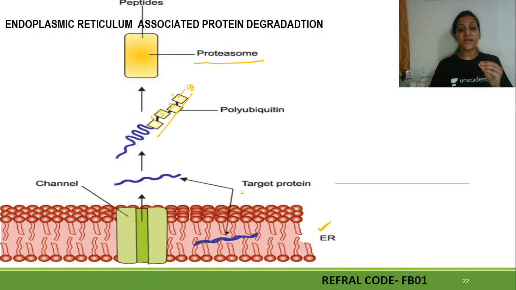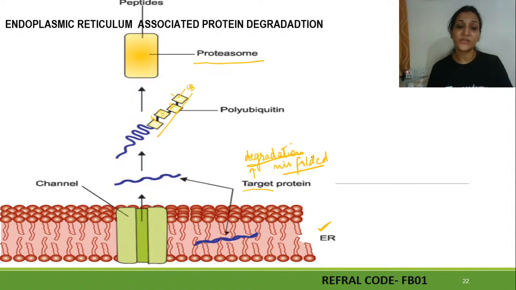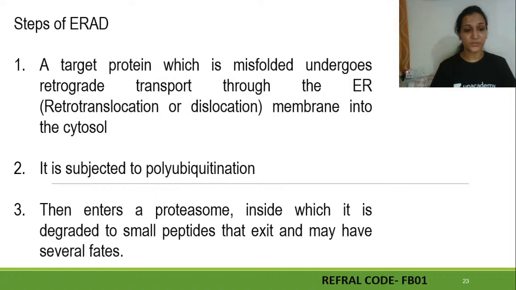Now it is called the target protein. Target here is for degradation: the misfolded protein, the protein which is now destined for degradation. It is released in the environment, or we can say the cytosol.